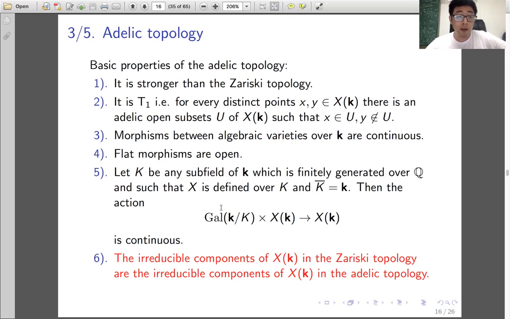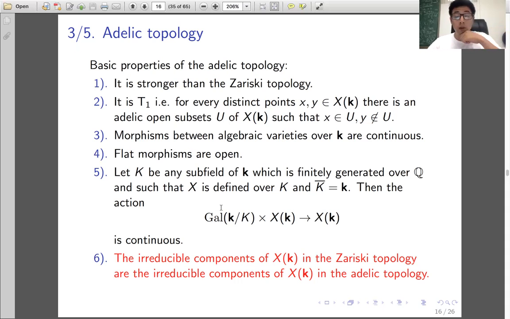And the last one: the irreducible components of X(K) in the Zariski topology are exactly the irreducible components of X(K) in the adelic topology. I think all these properties are satisfied for the Zariski topology, so maybe we can think the adelic topology is something quite similar to the Zariski topology, but it is stronger.